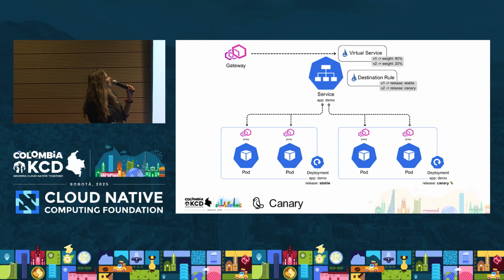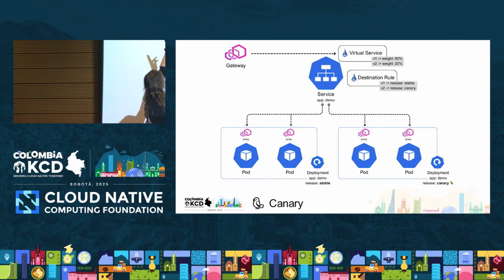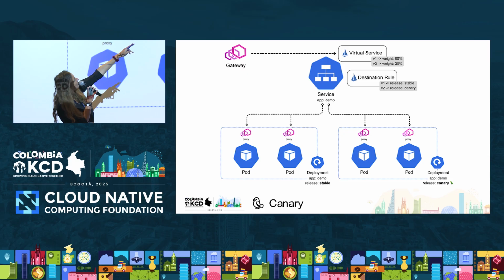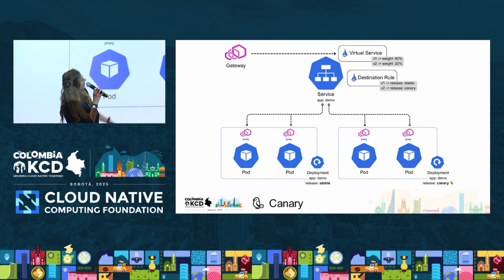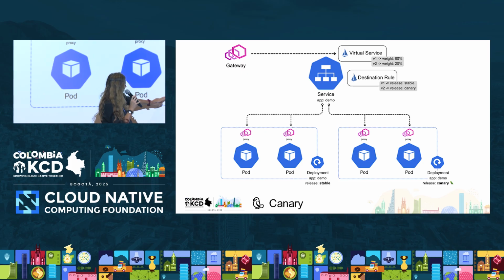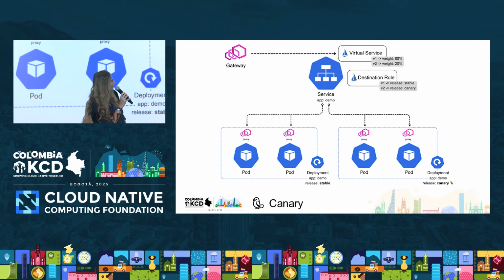So we can see this here in this graphic. The traffic is coming through the gateway to the virtual service. 80% is forwarded to version 1, 20% to version 2. The destination rule is adding the label selectors. So we have 1 deployment with release stable, 1 with release canary.